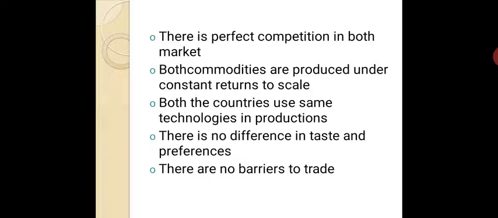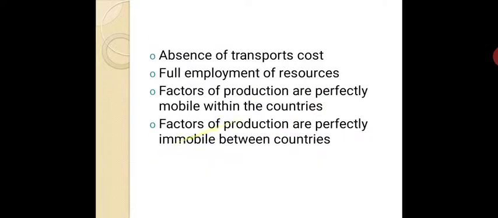There are no differences in taste and preference of the consumers, no trade barriers, absence of transport cost, and full employment of resources. Factors of production are perfectly mobile within the countries.